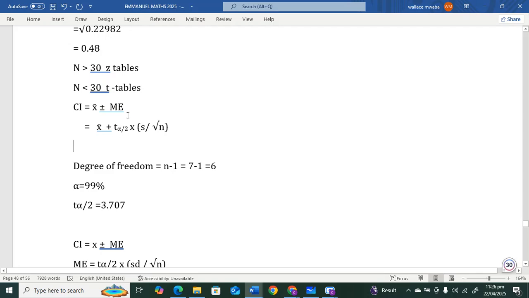So we need to first get our critical value, because we've already got our mean, the standard deviation, and the sample size. All we need is the critical value from the T tables. To get it, you need just two things: your degree of freedom and your confidence level, or your significance level, whichever is given.